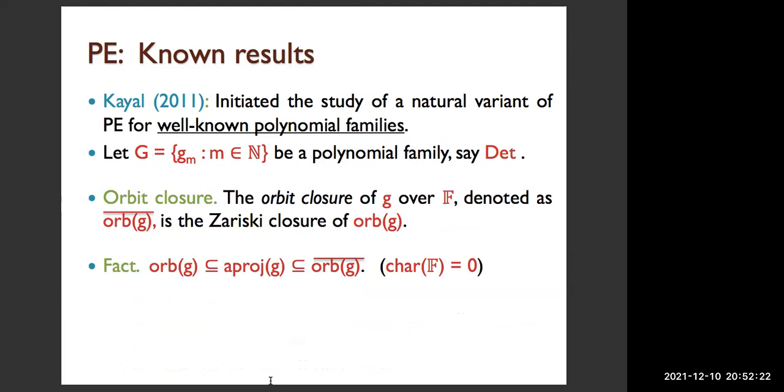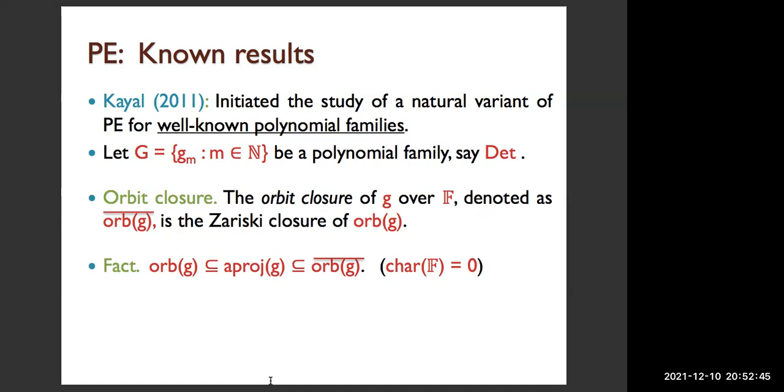But there's another interesting reason. The set of affine projections of G is not much larger than the orbit of G, right? Because if you take the closure, by closure, I mean you think of the coefficient vectors of the polynomials in the orbit of G as points, right?